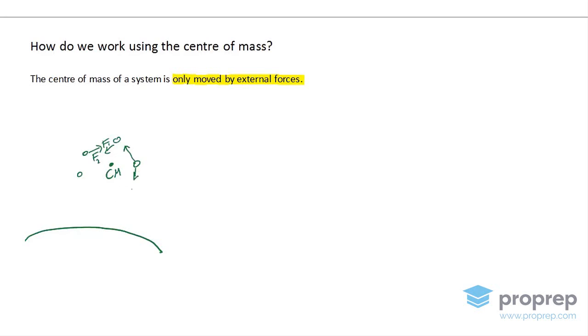The only force that we can say is moving this system is the external force, which is due to gravity. Okay, so this is the only force which matters, which will move the system, and this is due to gravity. The forces within the system acting on one another aren't important.